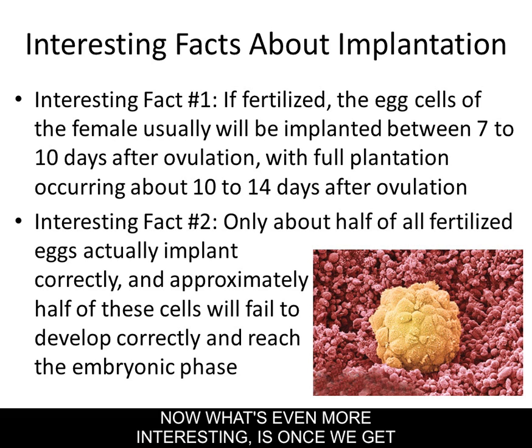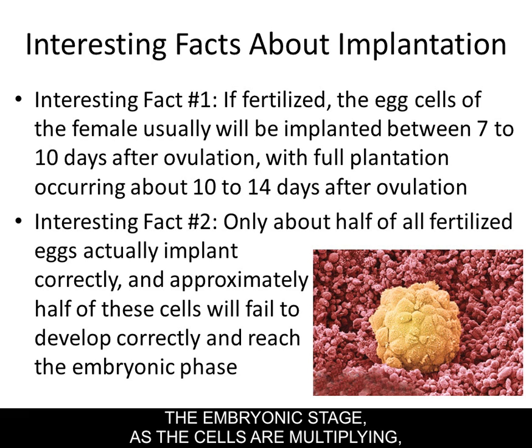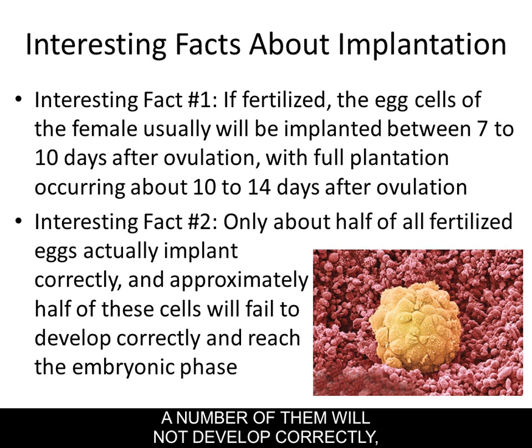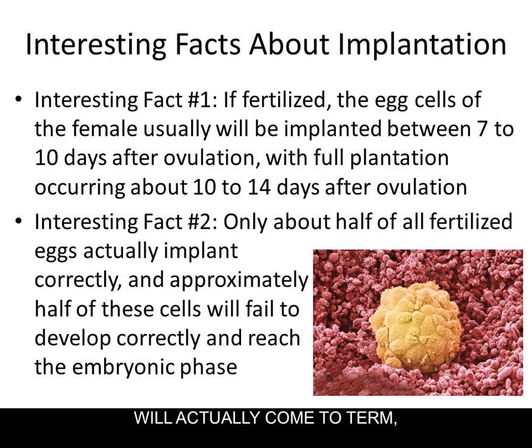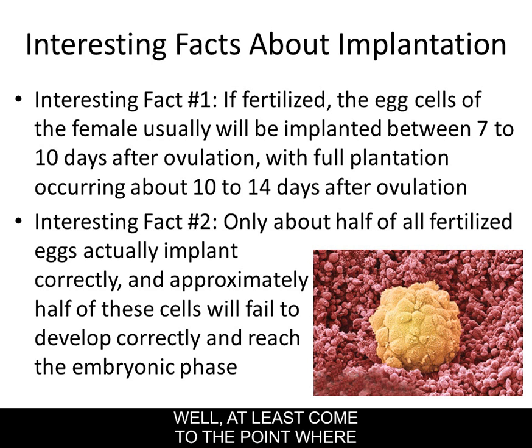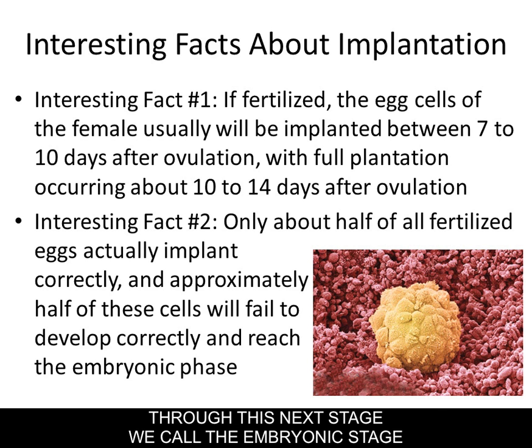And what's even more interesting is once we get into this next stage, the embryonic stage, as the cells are multiplying, a number of them will not develop correctly, which means that only about 1 in 4 of all fertilized cells will actually come to term, well, at least come to the point where they'll actually progress fully through this next stage that we call the embryonic stage of development.